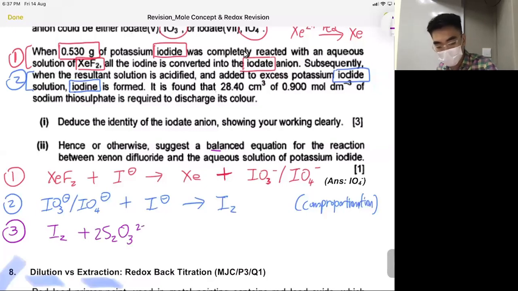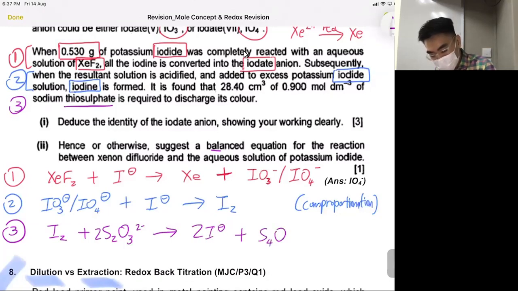I'm just writing out the equation because it's very easy to balance. If you don't know how to balance this, then I will be worried for you. These two, I minus and S4O6, can both be balanced using the data booklet quite easily. So the purple one is balanced already.